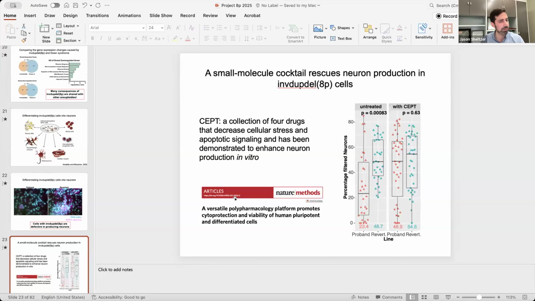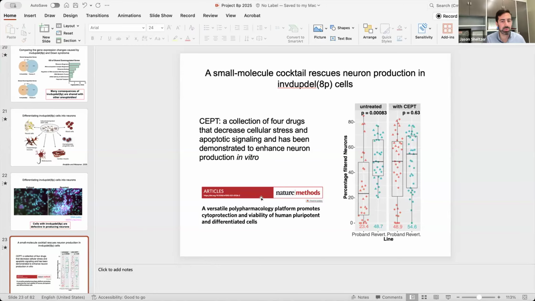Towards that goal of being able to make neurons really efficiently in cell culture, researchers have looked at strategies to enhance the production of neurons from stem cells. And there was a group at the NIH who published a paper 3 or 4 years ago in Nature Methods, where they found this polypharmacology platform, basically CEPT, which protected cells and allowed them to form neurons better in cell culture.